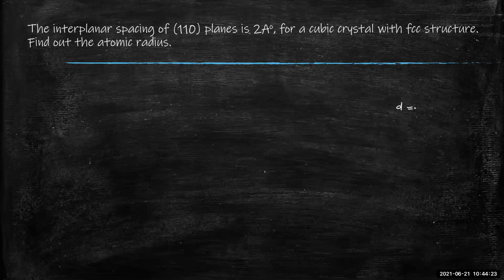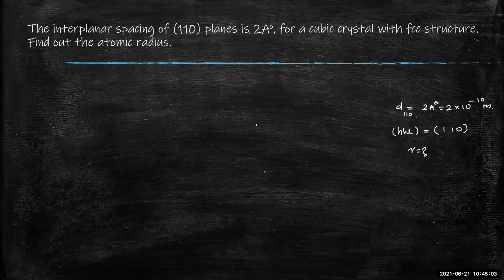D is equal to D110, that is equal to 2 angstrom, or 2 into 10 raised to minus 10 meter. D is given, and the HKL values are 110. We have to find R.